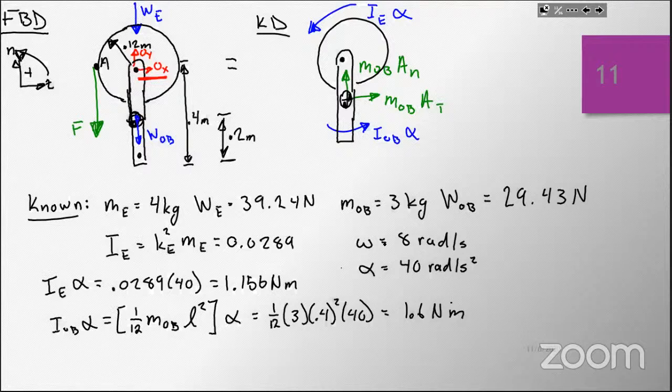The mass times the acceleration normal passes through that point, so that does not produce an effective moment. However, the mass times A_T is a distance away from O, and that will cause an effective moment.